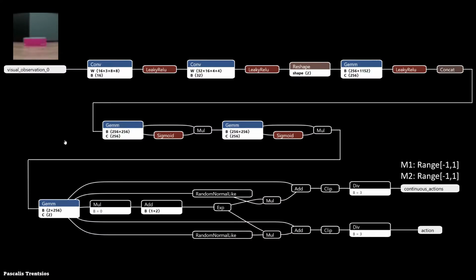Now what I want to show you is also the trained neural network. This is how the network looks when you use Unity's ML Agents. You have the visual observation on top, and then it goes into convolutional operators and into a leaky ReLU activation function, and the same again, and then some other math, and at the end you get the continuous actions. In my case, the continuous actions are the values for the two motors.